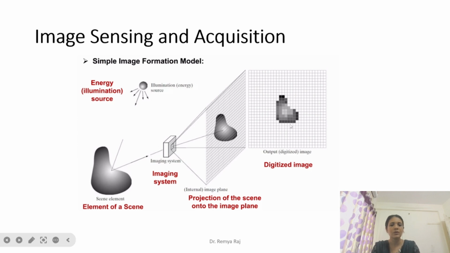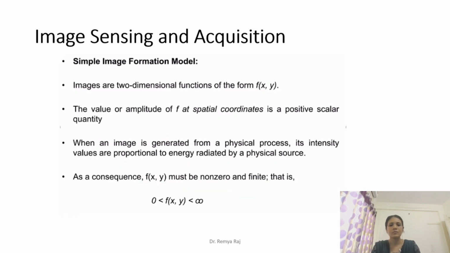This will be your original image of the object that you're going to capture. In the simple image formation model, we have a two-dimensional image. Any image can be denoted by f(x, y), where the amplitude of f at spatial coordinates is a positive scalar quantity.